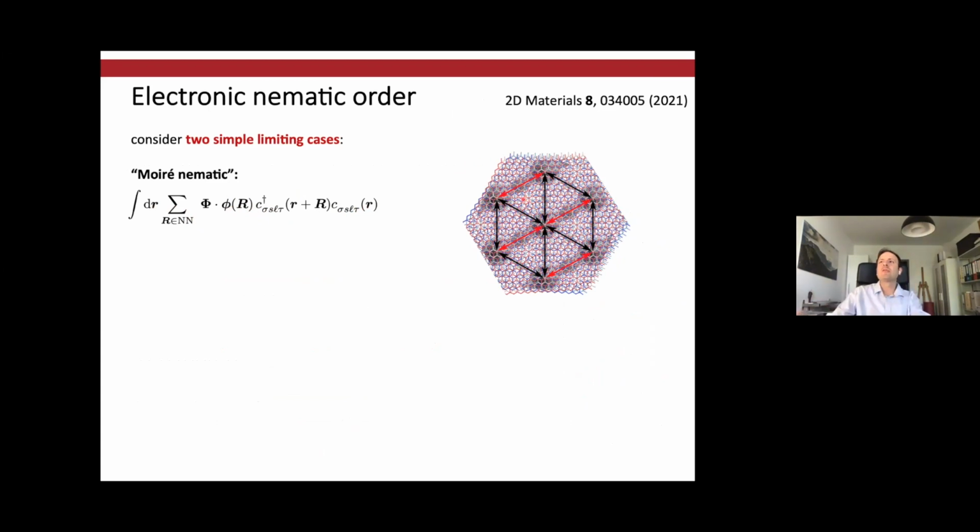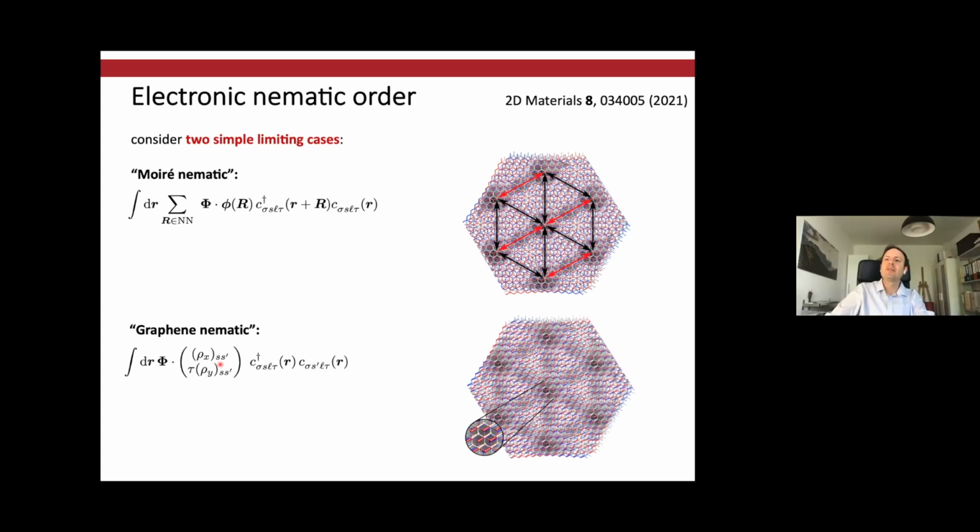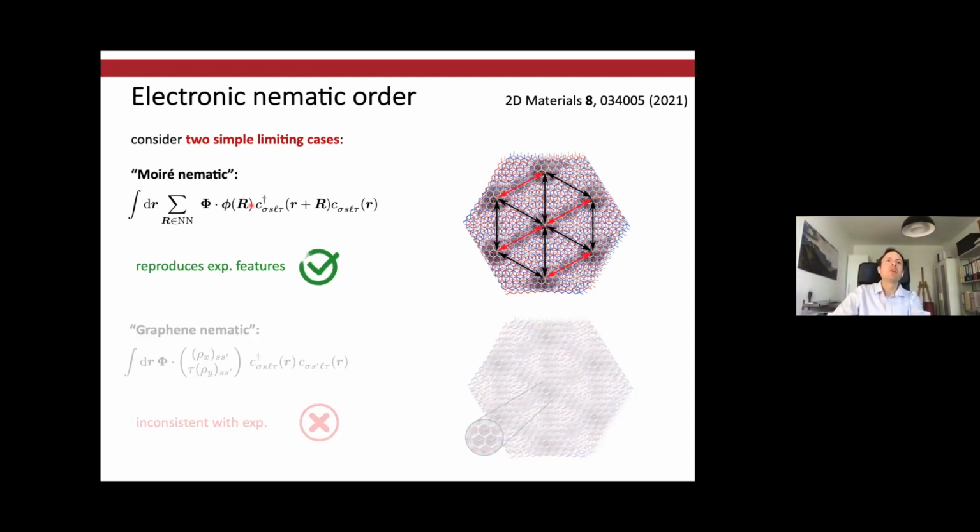And you can just think of it as a distortion of the bonds on the scale of the moiré lattice. And the other limit is the graphene nematic, where everything happens in the sublattice indices. And you can think of this as a distortion on the microscopic scale of the graphene bonds. And comparison with data shows that while the moiré nematic is consistent, the graphene nematic is not. And so at least the predominant nature of nematicity is more likely to be of this moiré nematic form.